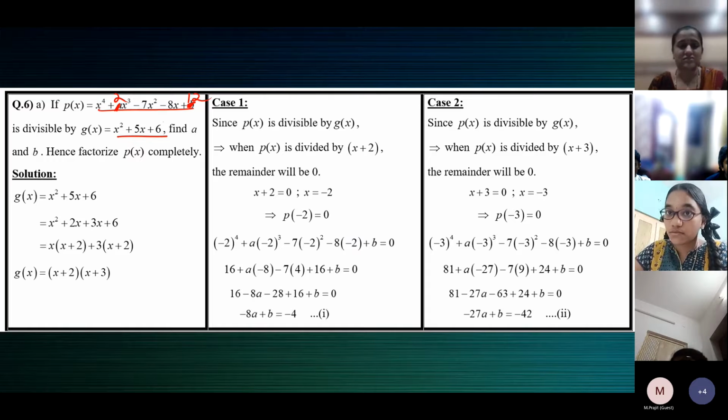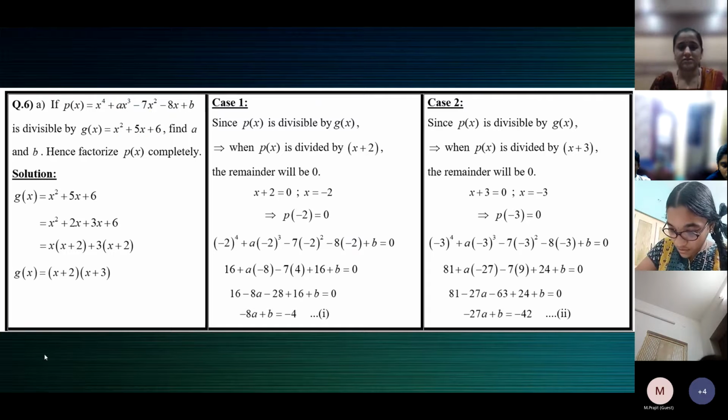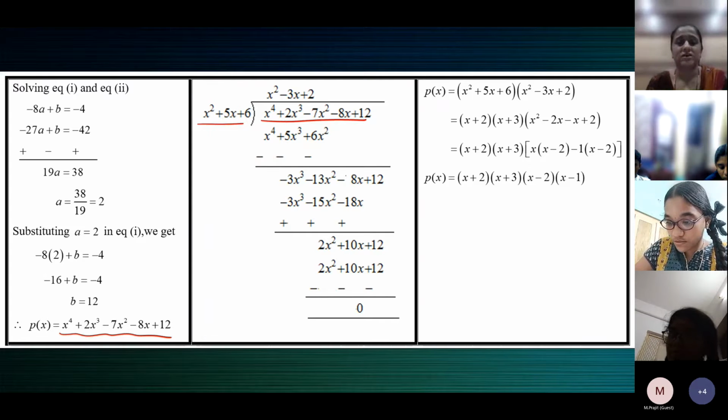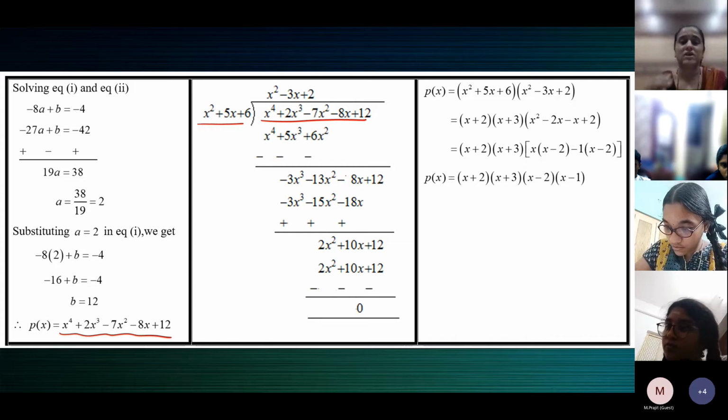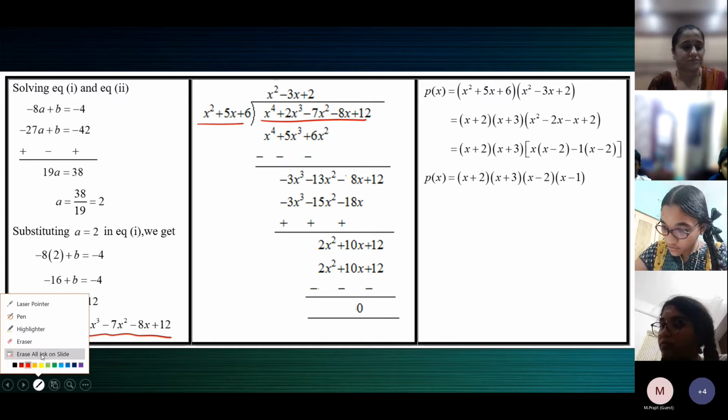Here the quadratic factor is given to you straight away, so you can save those steps and directly do the division.